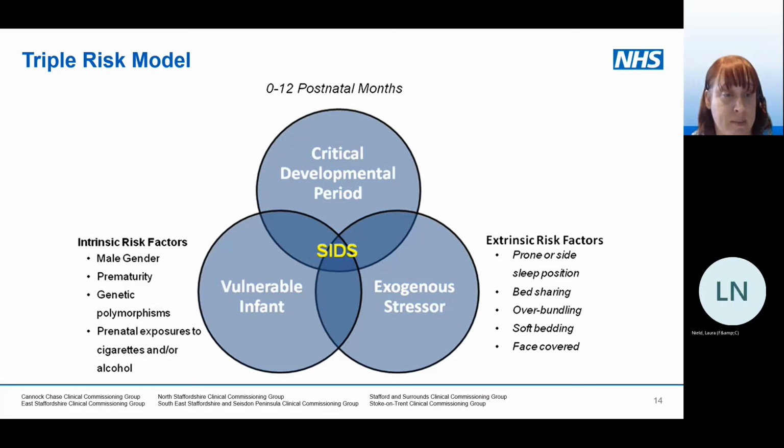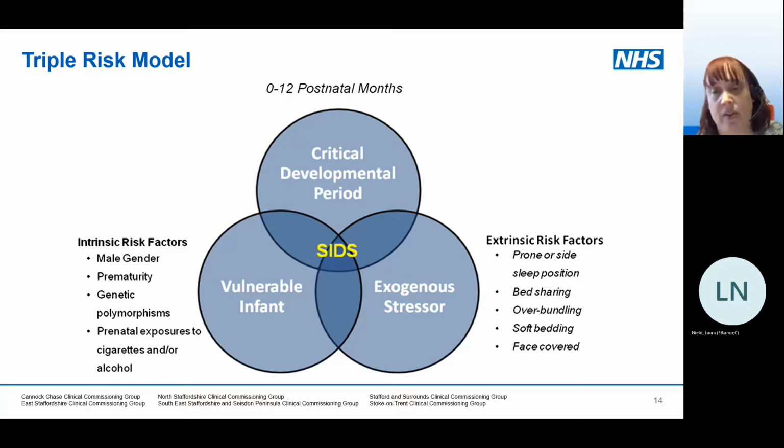So that includes the male gender, because we've said that there's an increased risk for male babies, prematurity, any genetic abnormalities, and prenatal exposure to cigarettes and alcohol. And then you've got the extrinsic risk factors. So that's about the environment at the time, or the exogenous stressors.